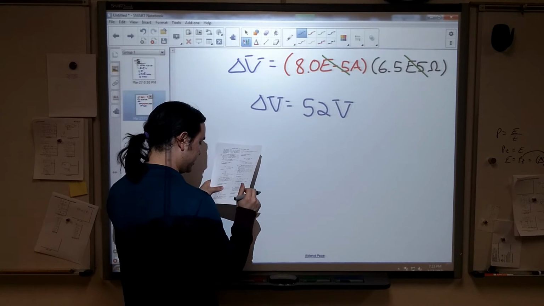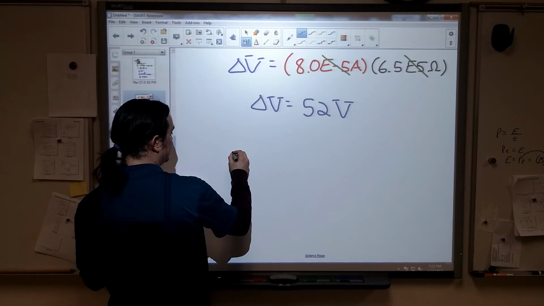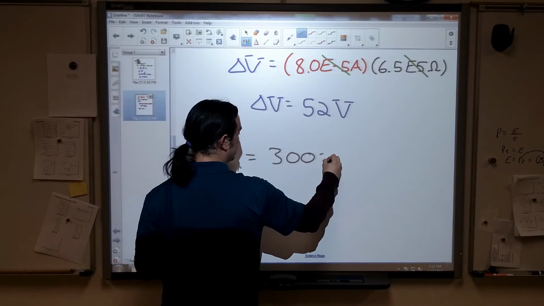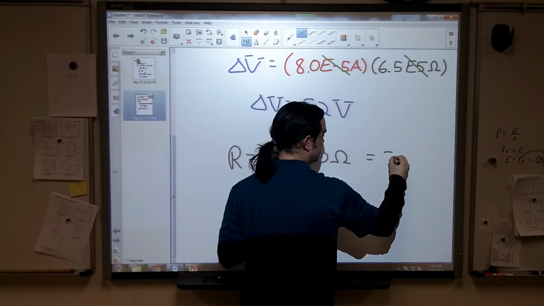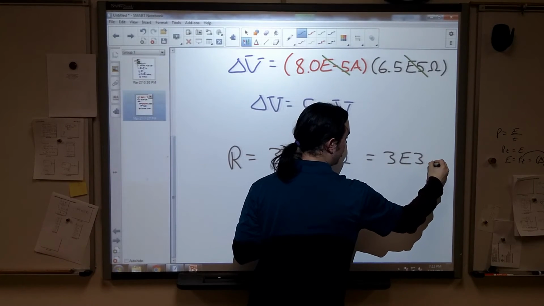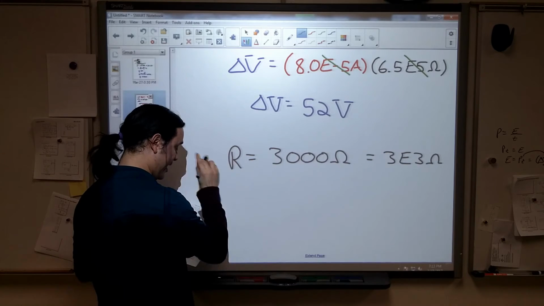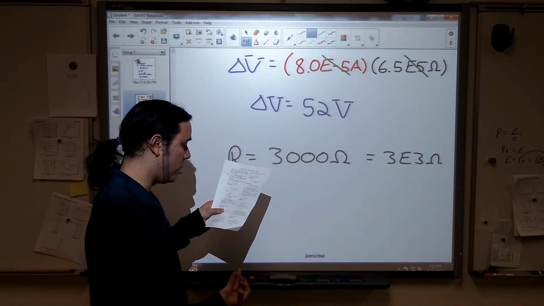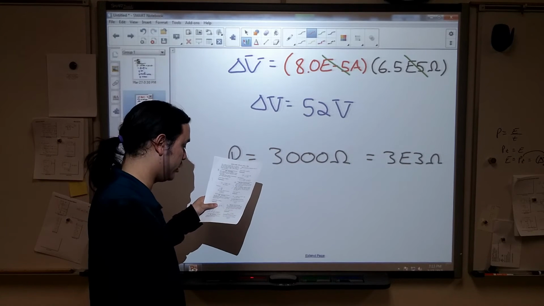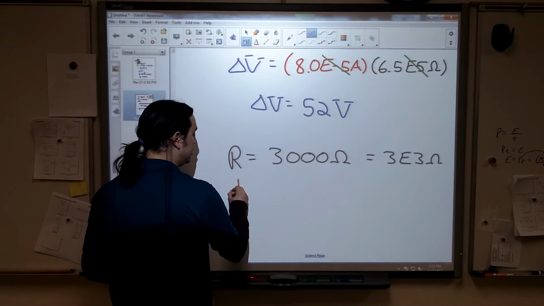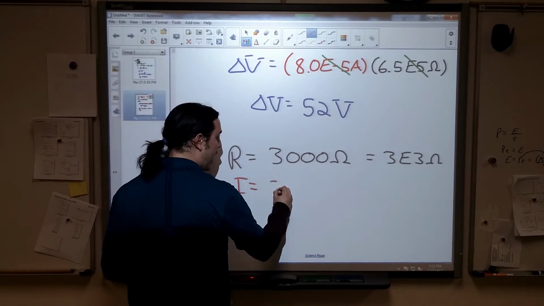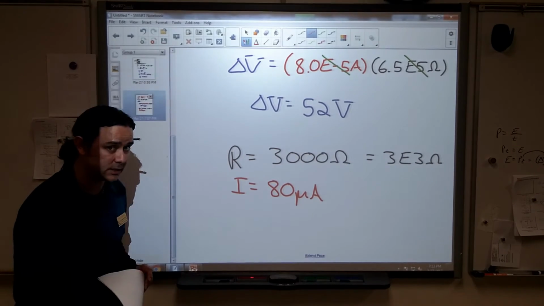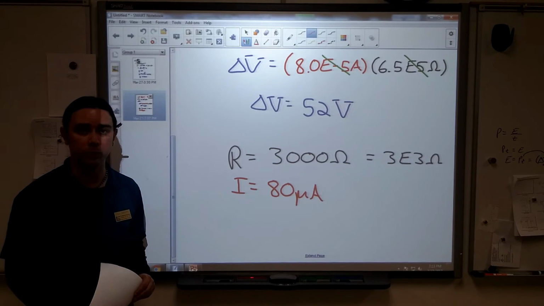Now this says that if my skin is wet, we have a resistance of 3,000 ohms. In other words, 3 times 10 to the 3rd ohm. And they want to know the maximum allowable potential difference without shock across the thumb, which means we're still dealing with, remember, for us as humans, at least the number that they give us, probably somewhere in this ballpark would be the real number.